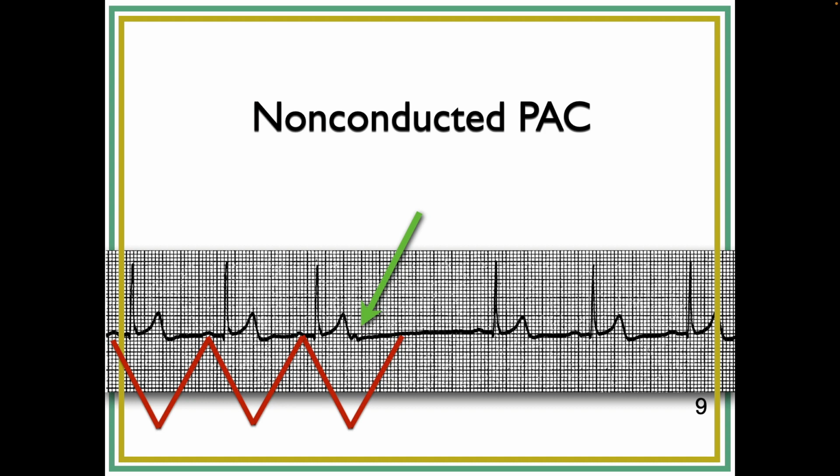Occasionally you will see a regular beat come in on time and it just slips in there. But usually the atria are refractory, so even if the SA node is firing off, you don't get your P wave. Something else would have to be wrong for that pause to go on longer, either a non-conducted PAC plus a sinus pause, for example. Okay, so two mechanisms.